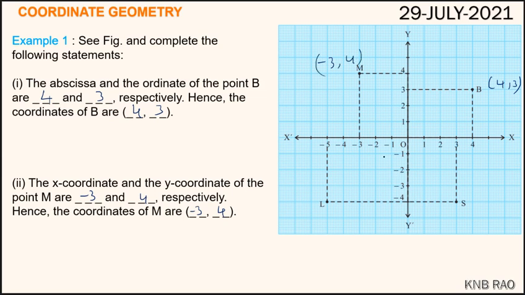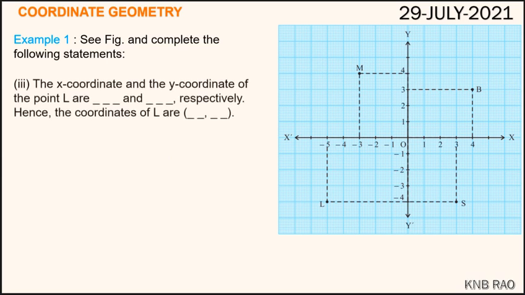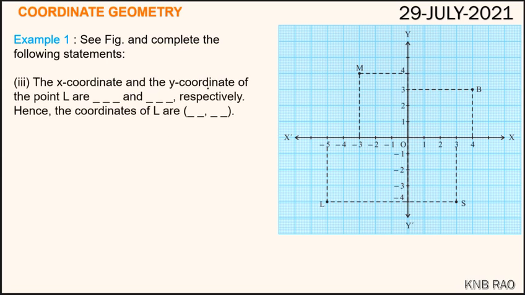Moving on to question number 3, x coordinate and y coordinate of the point L are, can you tell me? Here x coordinate is minus 5 and y coordinate is minus 4. So, thus coordinates are minus 5 comma minus 4. Here it is easy to find.